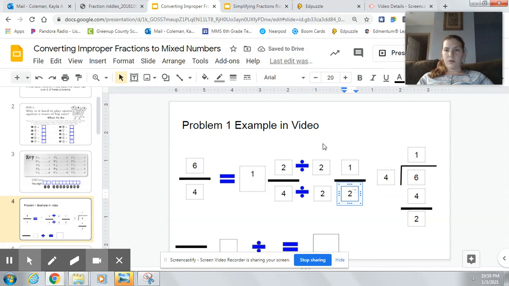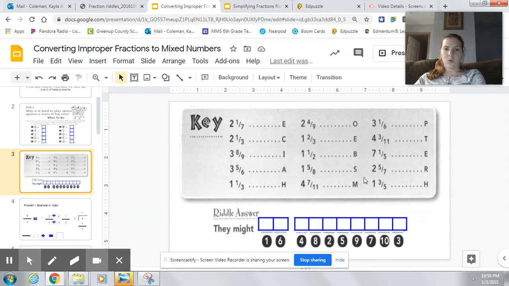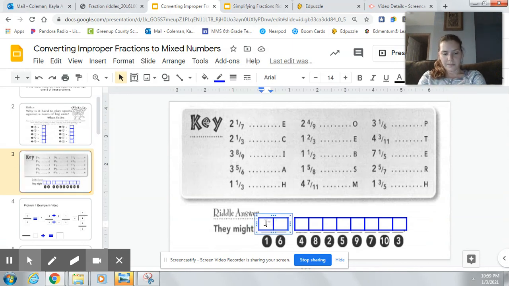So the real simplified mixed number is 1 whole and 1/2. I'm going to look for that in the answer key, 1 and 1/2. It's right here, it's B. So question 1 is going to be B.